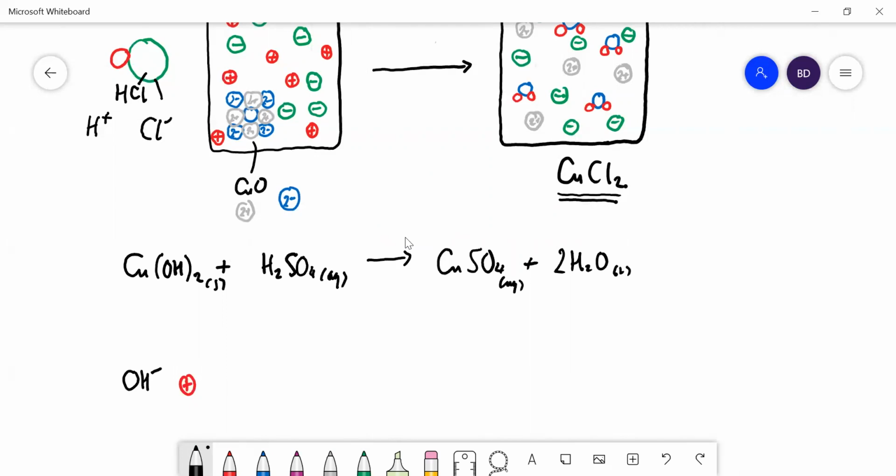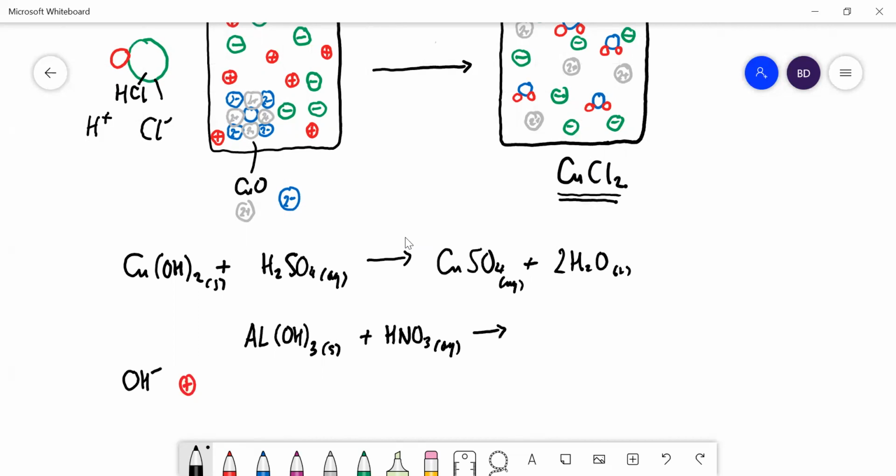I could do another one. Let's just do aluminium hydroxide, because that's a different one. So let's have that aluminium hydroxide. That's Al(OH)3, and let's react that, that's a solid, let's react that with nitric acid this time, HNO3, aqueous solution.